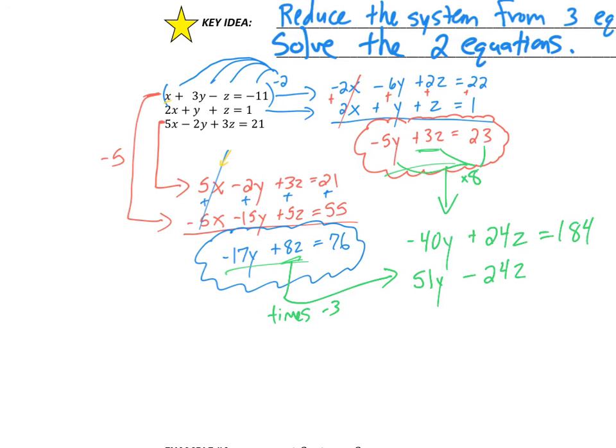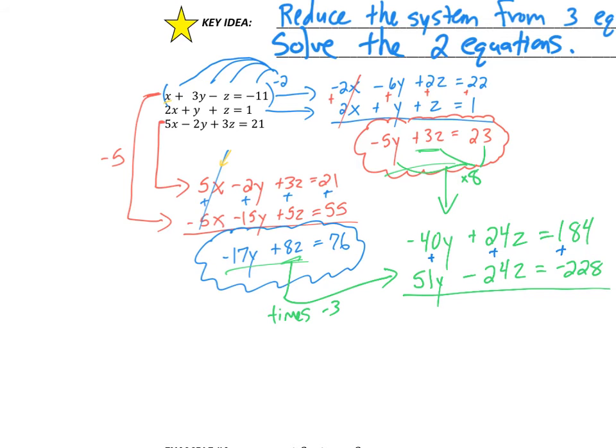And then we got to do 76 times -3, which is going to be -228. And yes, the numbers are big. That's going to happen sometimes with these problems because there's 3 variables. Sometimes the numbers get really big.